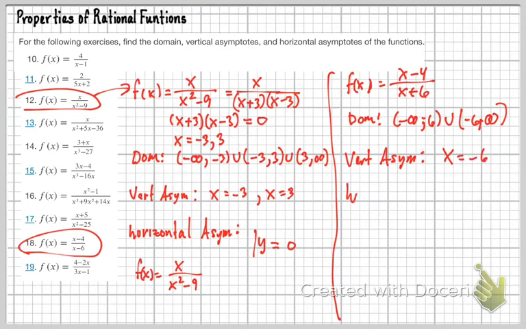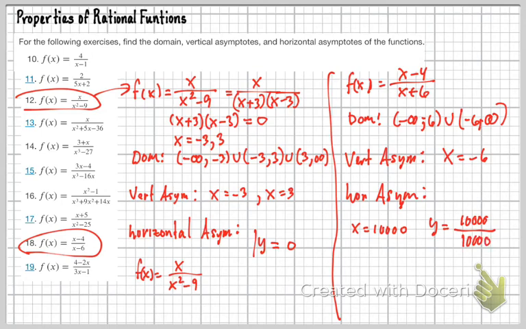Now the horizontal asymptote. Now for that one, again, we're going to have to do that sort of analysis. So think of it this way. Let's start at x equals 10,000. Let's start big. Then I'm really going to get, for my y value, I'm not going to worry about the 4 because I'm going to go quite large, or the 6 on the bottom. So that's going to be 10,000 over 10,000.